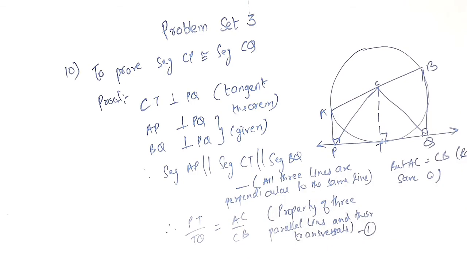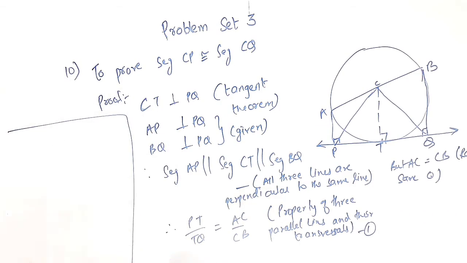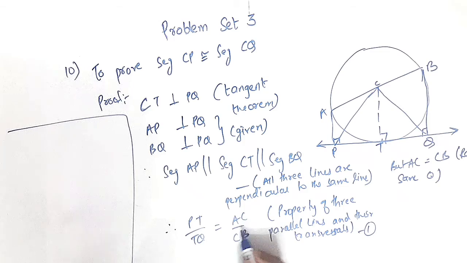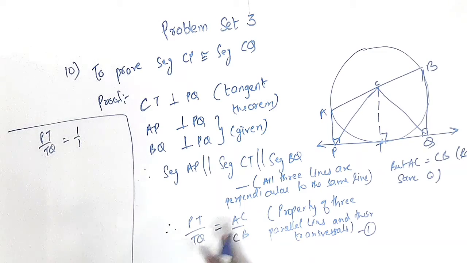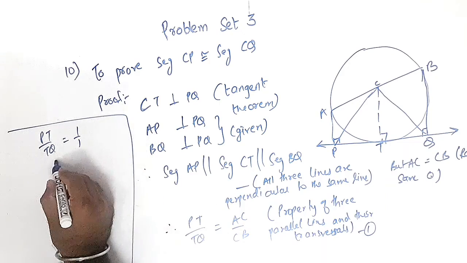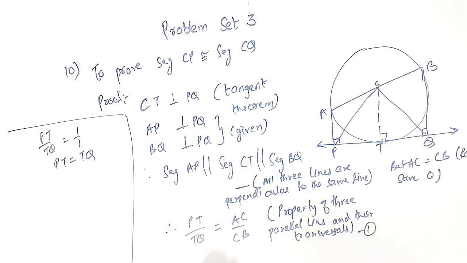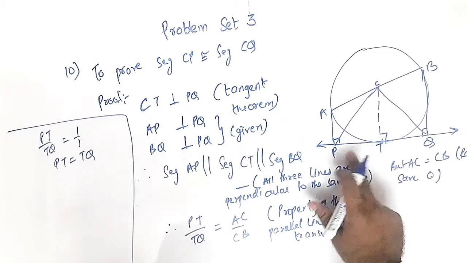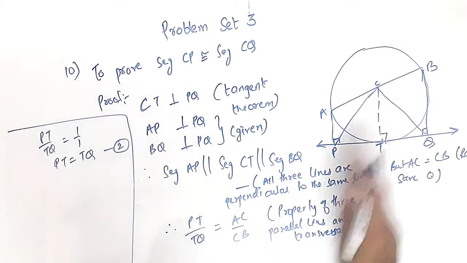Therefore AC equals CB, so I can write PT upon TQ is equal to 1 upon 1 because they are equal. If you cross multiply this, you will get PT is equal to TQ. Correct? PT equals TQ we got. This point will help us in proving the triangles congruent.